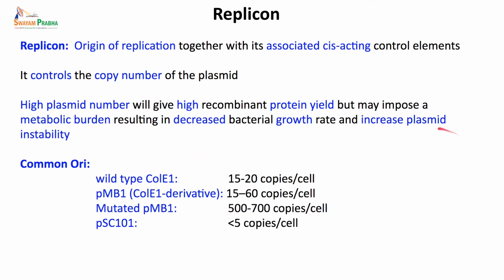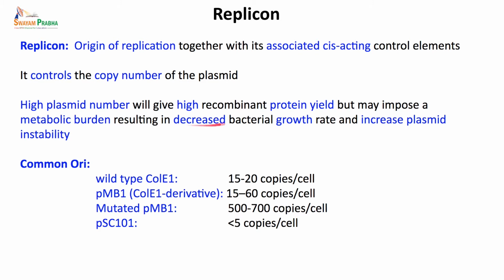So there is something called plasmid instability, that when the cell divides, then some of the cells will not get any plasmid at all. So there will be plasmid-free cells. And these plasmid-free cells, because they do not have the metabolic burden of producing the protein of interest that you wanted to produce, will grow fast, and then they will take over the entire culture.